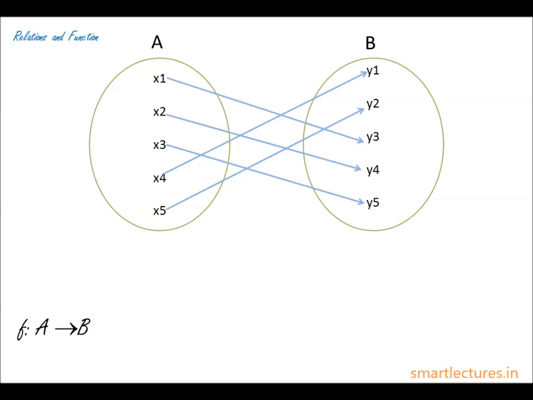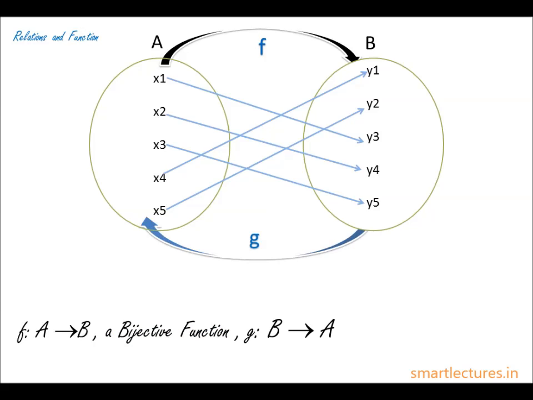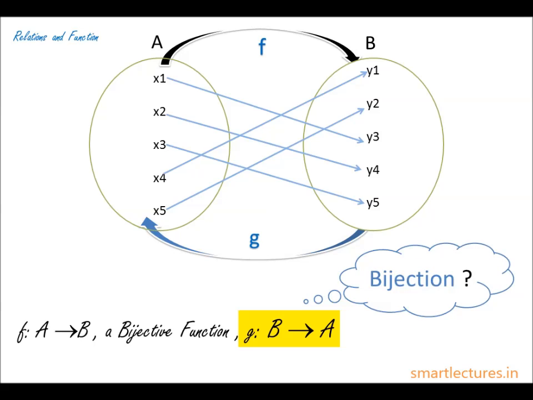Now let f be a function from A to B, and suppose f is a bijective function, and also suppose g is a function from B to A such that g is the inverse function of the function f. And now we shall prove that the function g is also a bijective function.